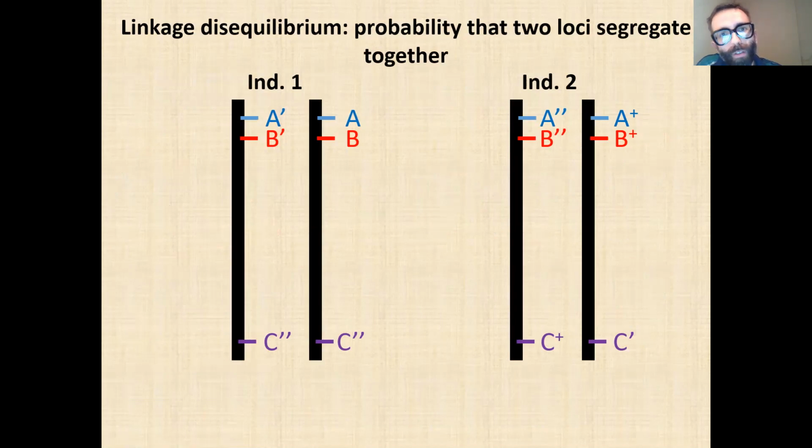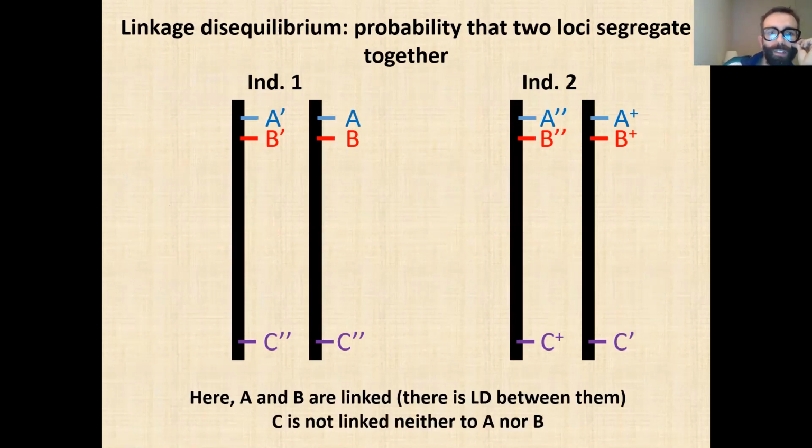You have now on this chromosome 3 loci, A, B, C, and you see that there are different alleles, prime, double prime, plus, etc. The important thing here is that A and B are linked. They are in what we call linkage disequilibrium. What does it mean to be in linkage disequilibrium for two loci?